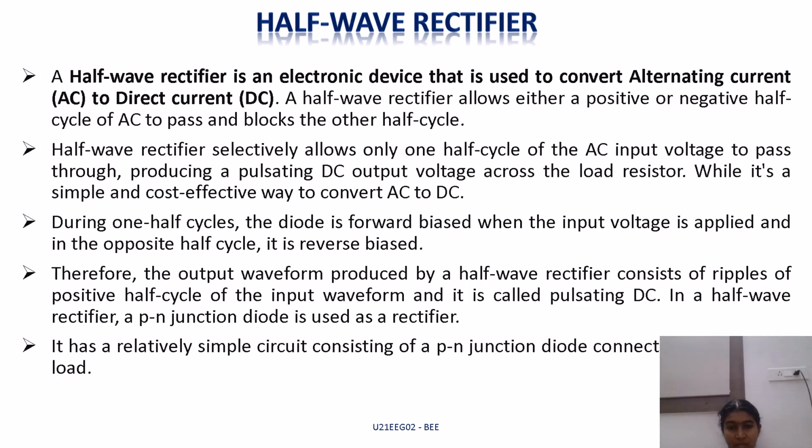During one half cycle, the diode gets forward biased when the input voltage is applied, and in the opposite half cycle, it is reverse biased. Therefore, the output waveform produced by the half wave rectifier consists of ripples of positive half cycle, and it is called the pulsating DC. In a half wave rectifier, PN junction diode is used as a rectifier.